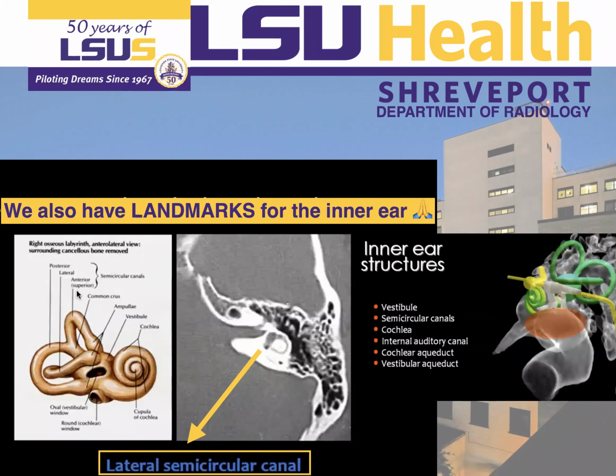And the semicircular canals are the lateral, the posterior, and the anterior or superior semicircular canal. This is the vestibule. Here we have the oval window, and here connecting to the cochlea we have the round window, okay, that is a niche of air.